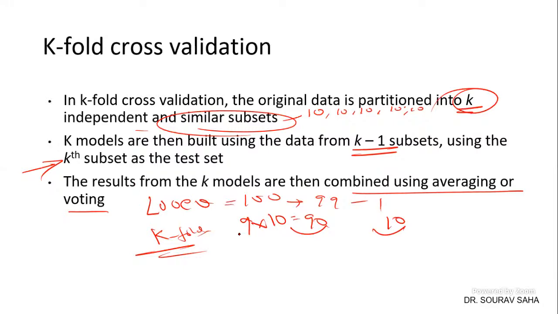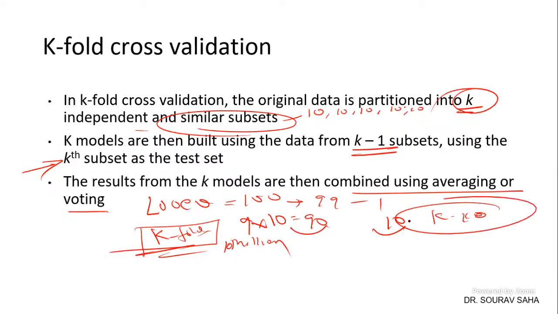So let's say now my number of points goes from 100 to 1 million, or let's say 10 million. In the LOOCV case, I would probably have ended up creating 10 million training instances, and then doing validation on that one data point for each of those 10 million cases. In k-fold cross validation, let's say I'm using k equal to 10.